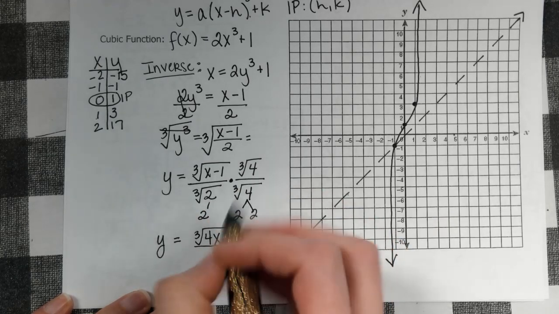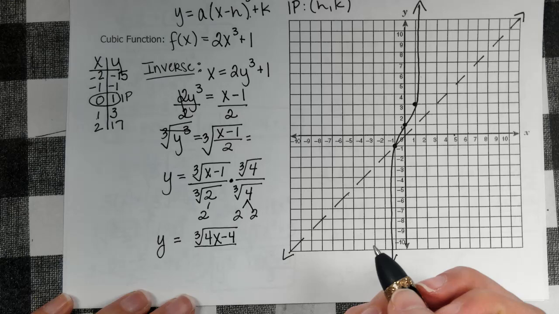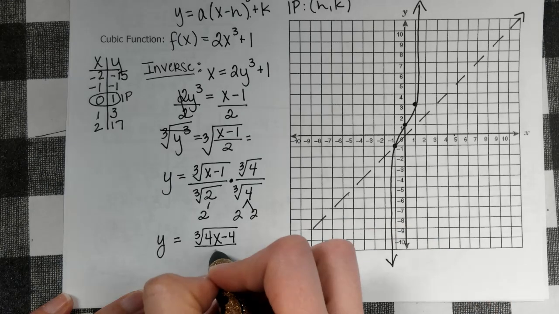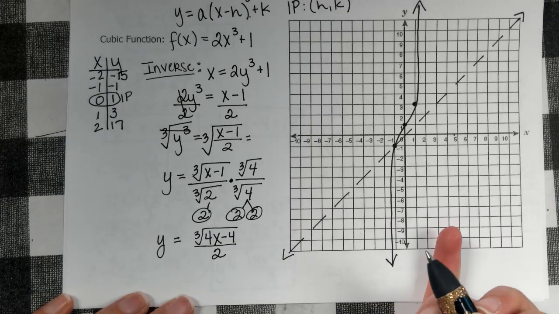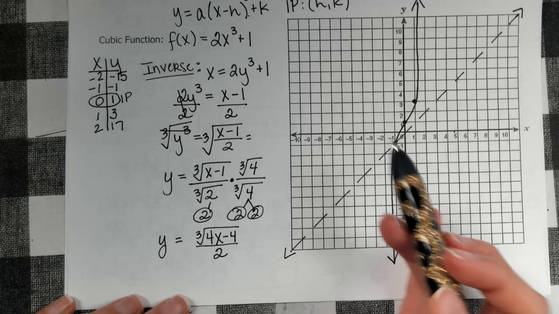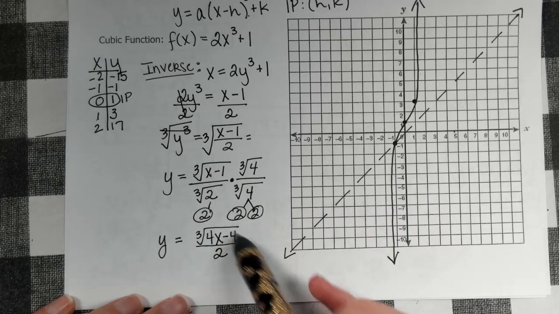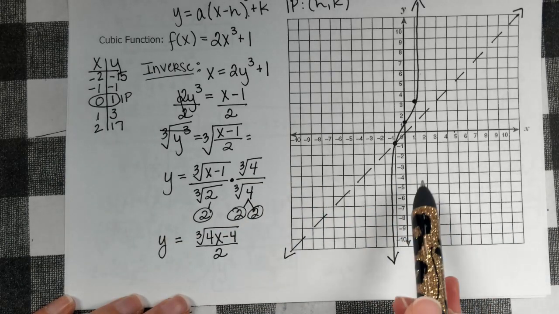And 4 times -1, which is -4. And then my denominator is what? 2, because I had my 3 2's. Okay? So this is all I can do algebraically. What I need to do is now graph it, see if it's a function or not.